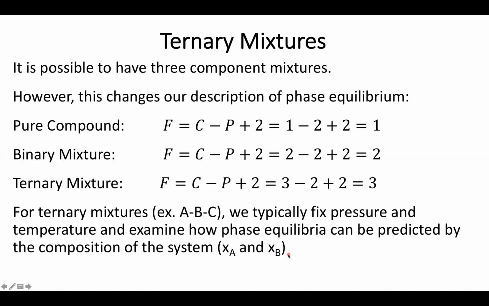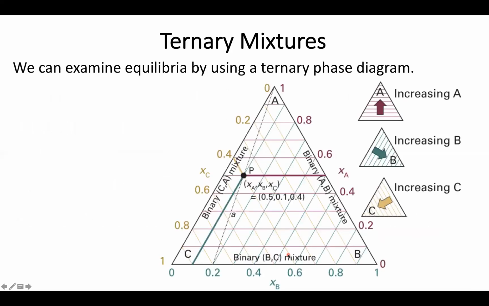And this can be a bit tricky because we're going to have to use a much different notation, because there is a certain degree of correlation between our composition of A and B. So what we're going to use is what's called a ternary phase diagram. And so what this does is it lets us relate the composition of A, B, and C to each other.